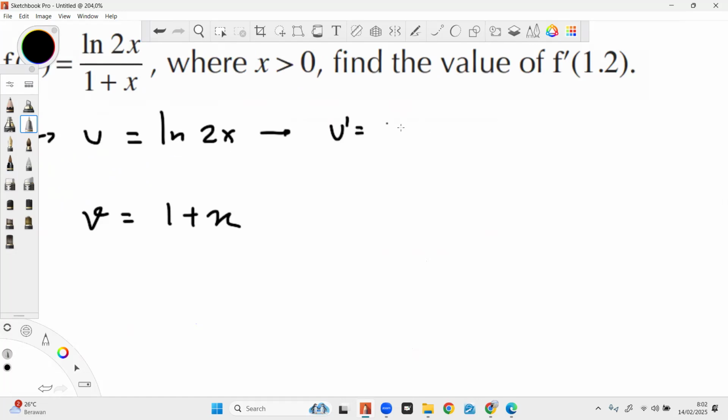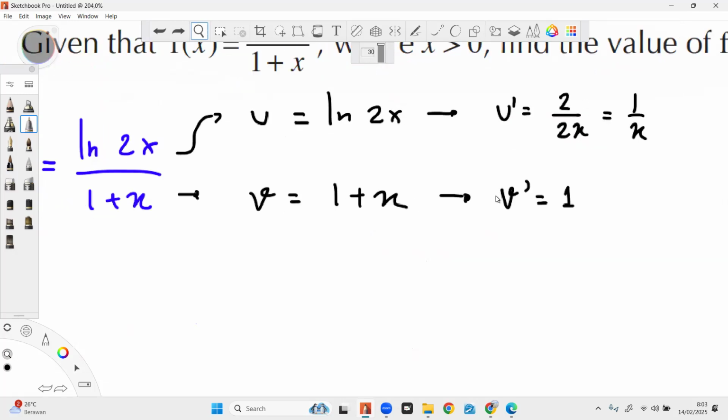Ln 2x, you derive this: u' over u is 2 over 2x, or 1 over x. Make it simple. v' is 1, as simple as this: 0 plus 1. You just derive this.